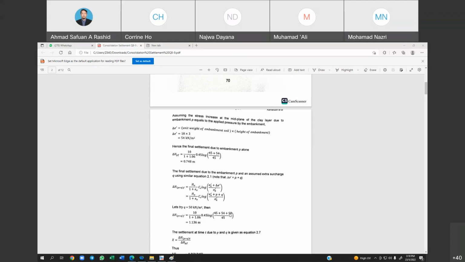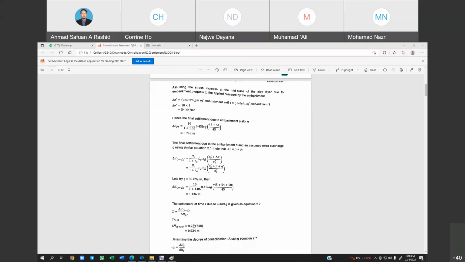45, 54 and 50 over 45. This is due to the additional extra surcharge, while the rest doesn't have any change. So we get 1.136. The settlement at the time T due to P and Q is given as equation 2.7.